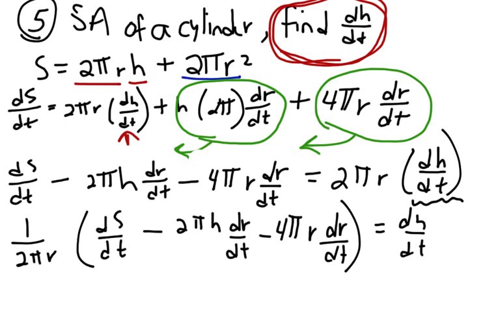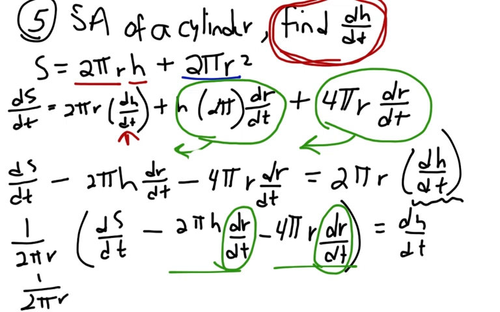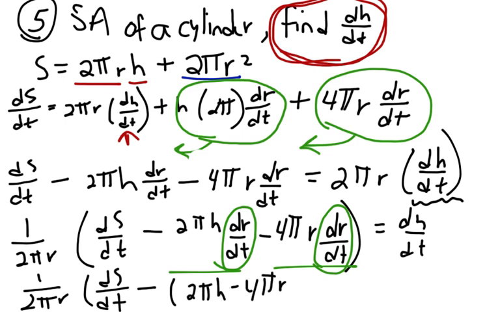Now another thing that you could do to make it look a little bit simpler is to take this dr dt here and factor it out of just these two terms because it's not present in that last one. Again, that's kind of a personal preference. 1 over 2 pi r, it would look like this if you did it. ds dt minus another inner parentheses 2 pi h minus 4 pi r.